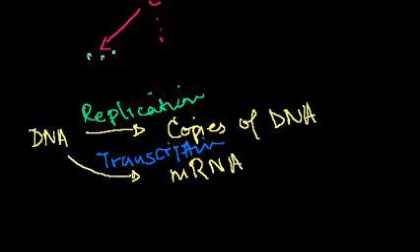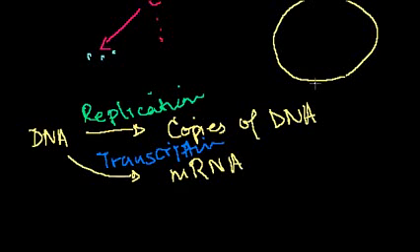Now, when the mRNA leaves the nucleus of the cell, well, let me just draw a cell just to hit the point home. If this is the whole cell, and we'll do the structure of a cell in the future, the nucleus is the center. That's where all of the DNA is sitting, and all of the replication and the transcription occurs in here. But then the mRNA leaves the nucleus, and then inside the ribosomes, which we'll talk about more in the future, you have translation occur, and the proteins get formed.